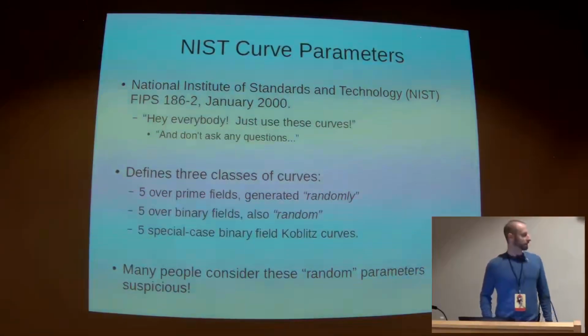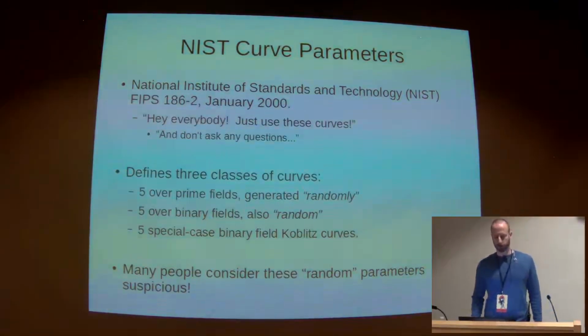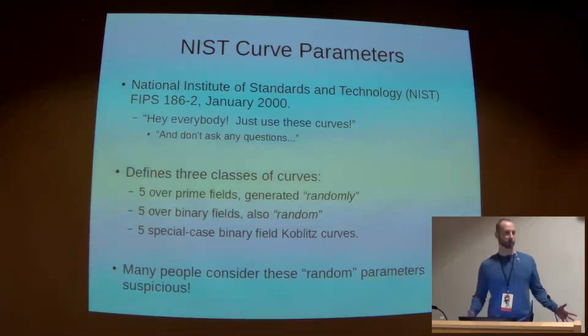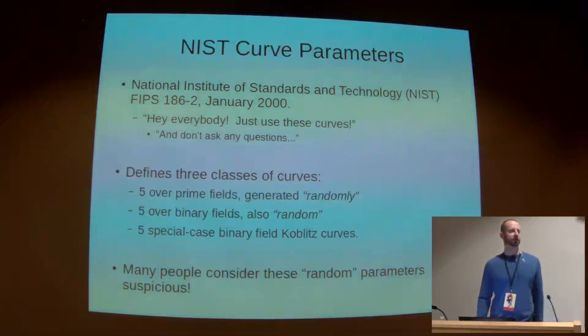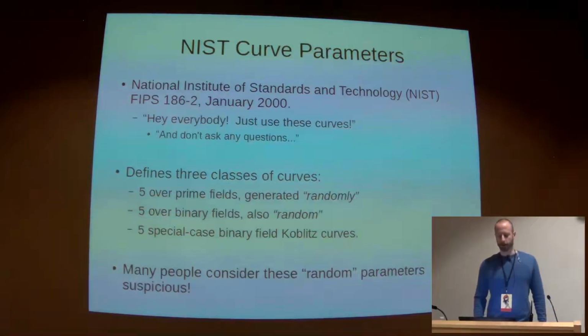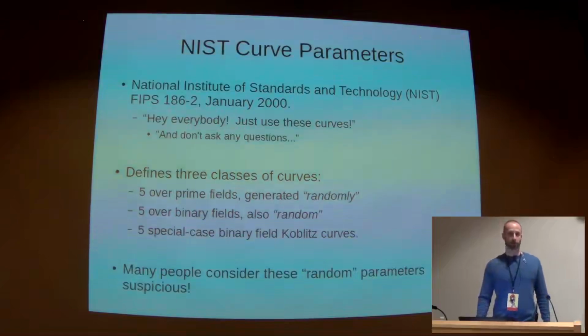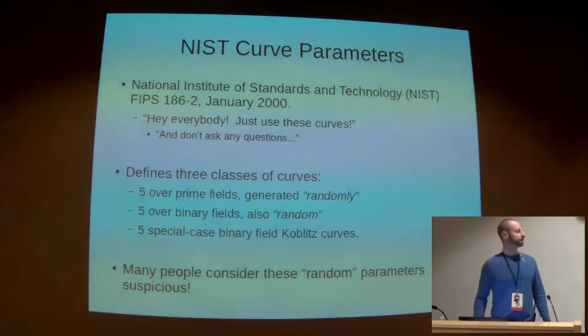In that document, they defined 3 classes of curves. There were 5 over prime fields, which they say were generated randomly. There were 5 over binary fields, which they also said were randomly generated. And then some special case Koblitz curves.